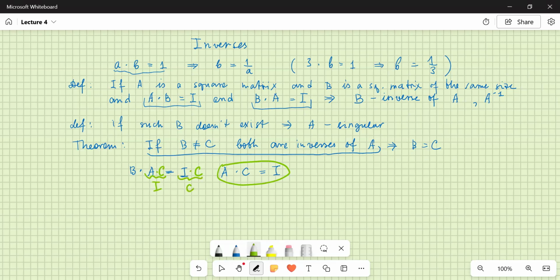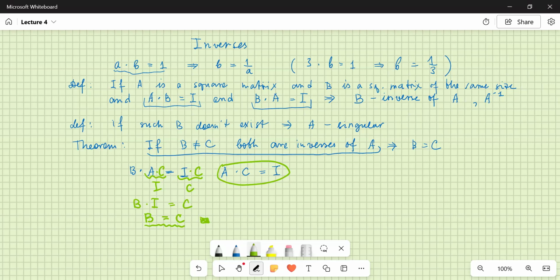So I'm going to have B multiplied by identity equals C. I know that B multiplied by identity is matrix B, because identity is such a matrix that you multiply by any matrix and get the same. So my final statement is B equals C. So my assumption that B is not equal to C, but they both can be inverses of A, is wrong. So I proved my theorem.